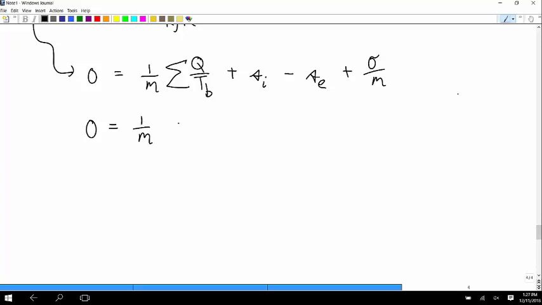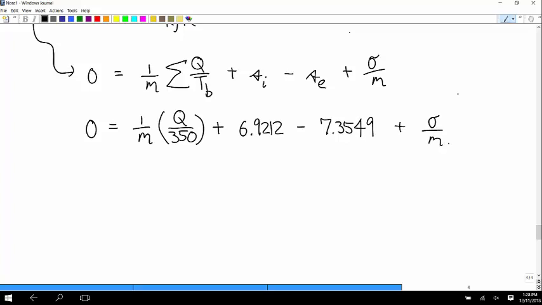So this is Q over 350 Kelvin, plus the specific entropy at the inlet, 6.9212, minus the specific entropy at the exit, 7.3549, plus sigma over m.